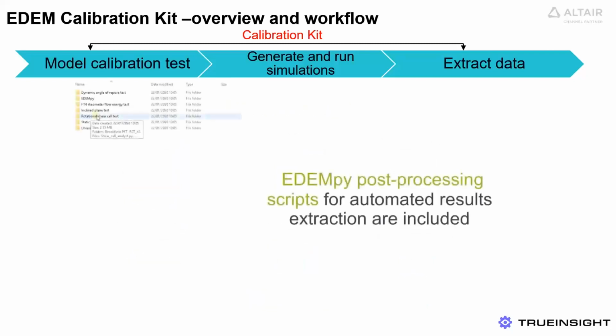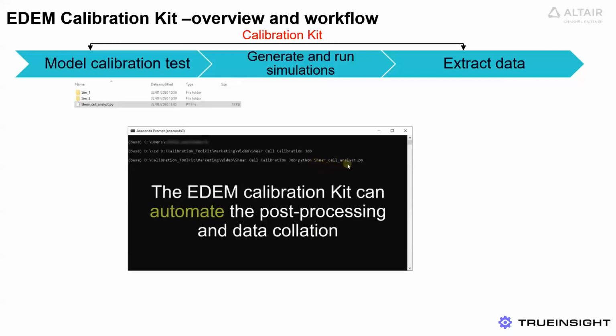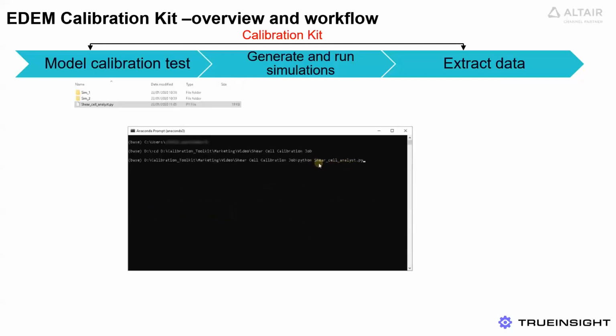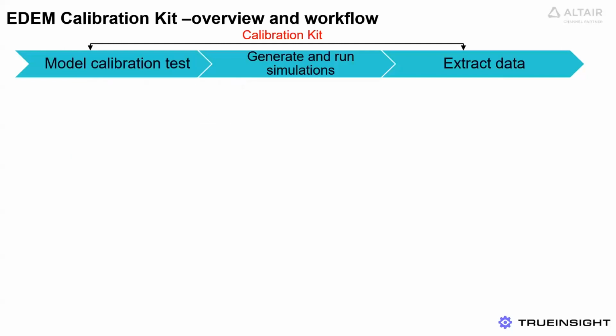Each kit comes with an associated EDEM PI post-processing script that can be used to automate a large portion of the material calibration workflow. As you can see here, the script provides a simple, fast, and automated way of analyzing simulation data, as well as generating individual simulation reports, similar to the ones generated by physical tests.